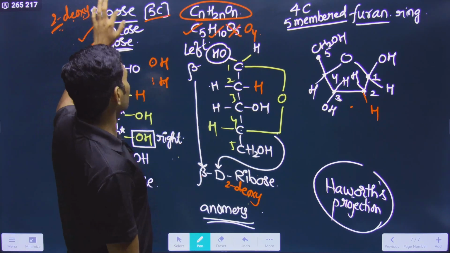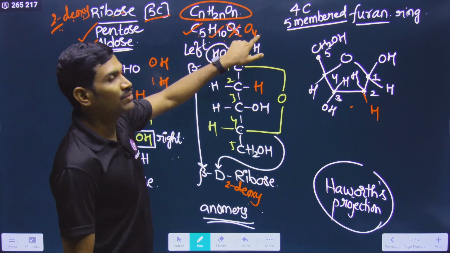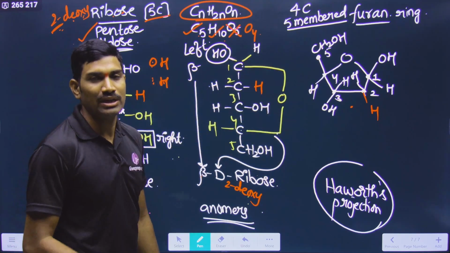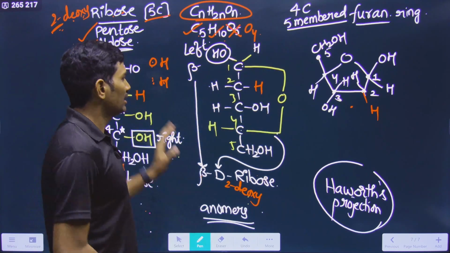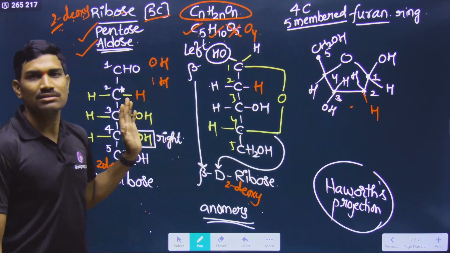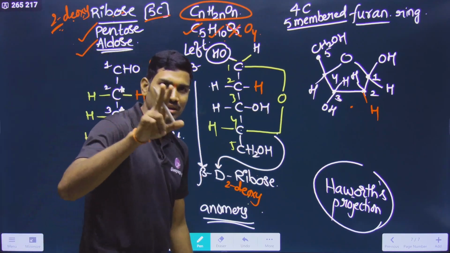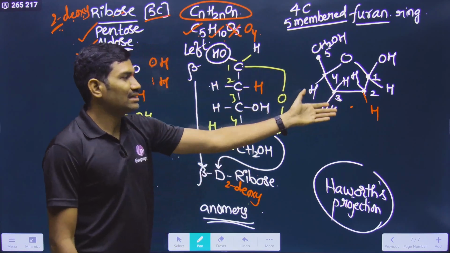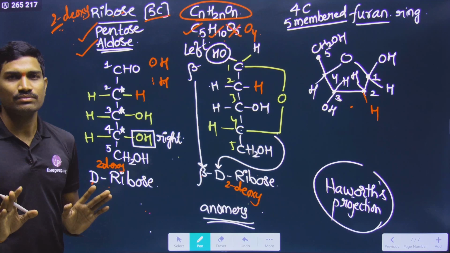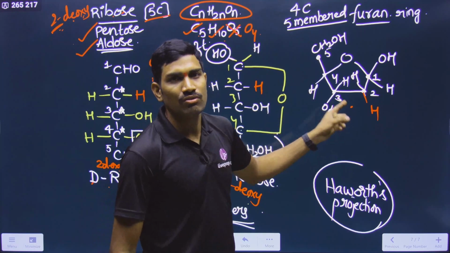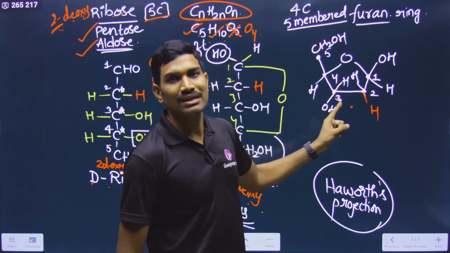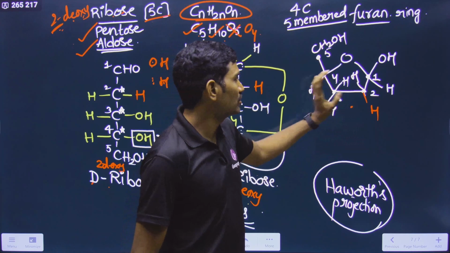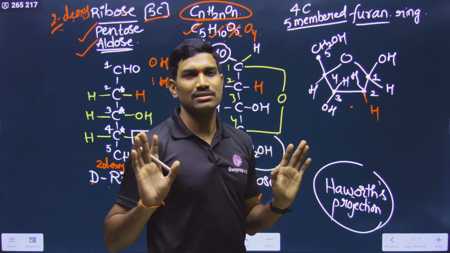So for 2-deoxyribose, C5H10O4 is the molecular formula. It is not O5, it is O4. If you know the structure for ribose sugar, you can easily write the structure for 2-deoxyribose. From the next lecture onwards, this is how we need to write the structure.